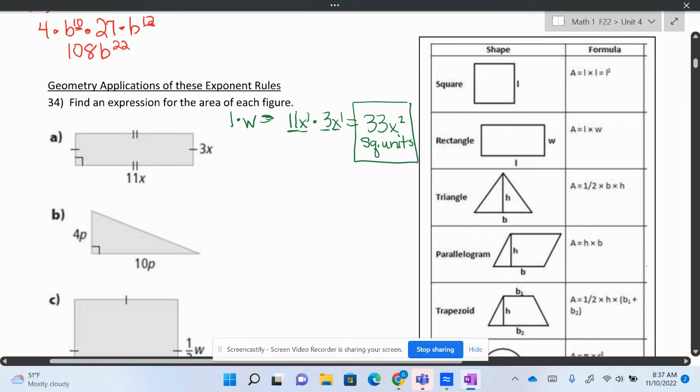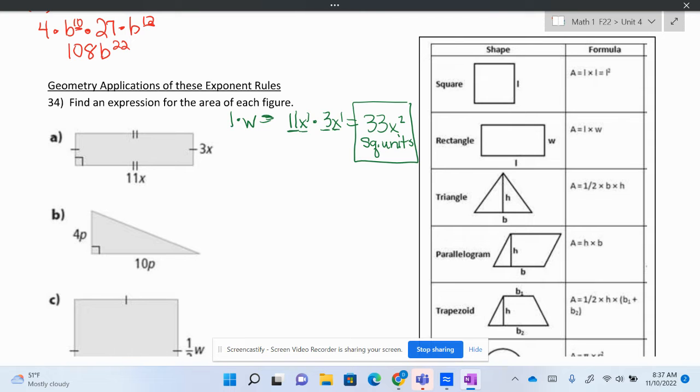Okay. Let's talk about the area of a triangle. The base times the height divided by 2. So my base is 10p times my height, which is 4p, all over 2.